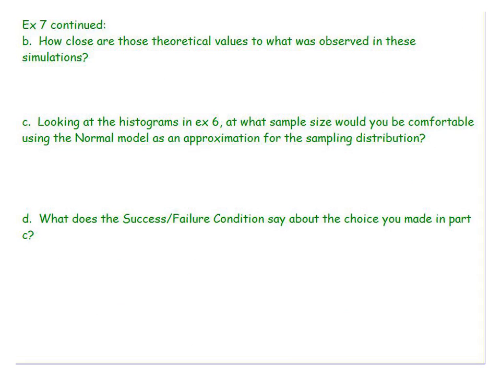So how close are the values that we just calculated to the ones in the simulations, in the actual samples? When we compared the means and the standard deviations both, everything was very close. There was no significant differences at all.